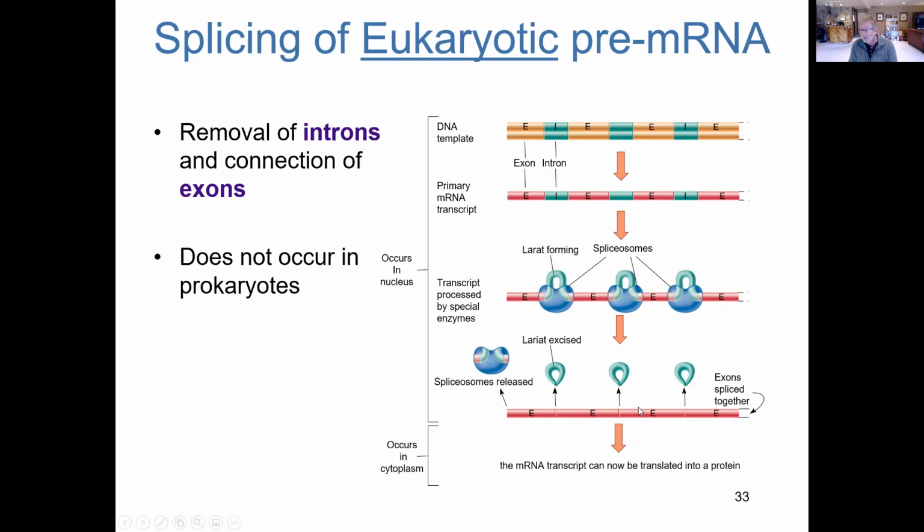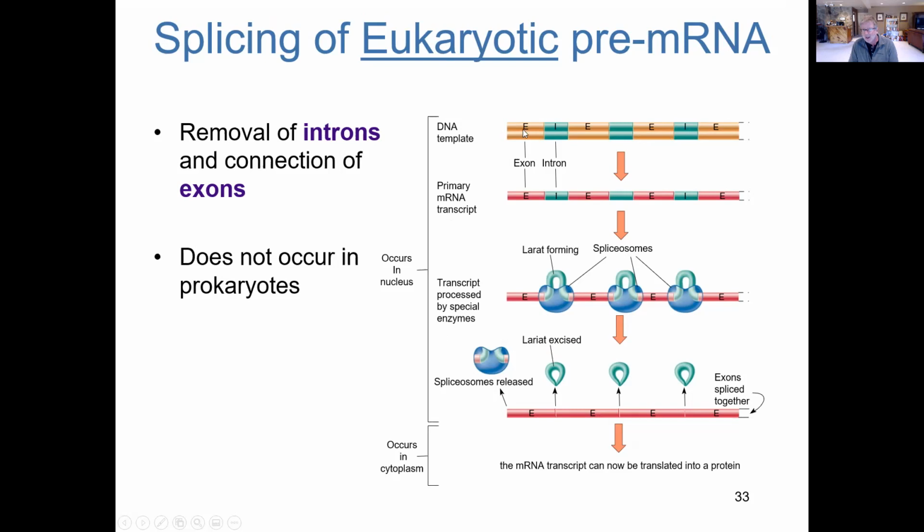That has occurred right here at the bottom of the figure. We've trimmed out the intron segments with the help of special enzymes, and we've re-glued, if you will, the ends of the exon segments together. And now we can translate that as normal, right? Utilizing ribosomes and transfer RNAs, like we've talked about, and we can make that polypeptide.